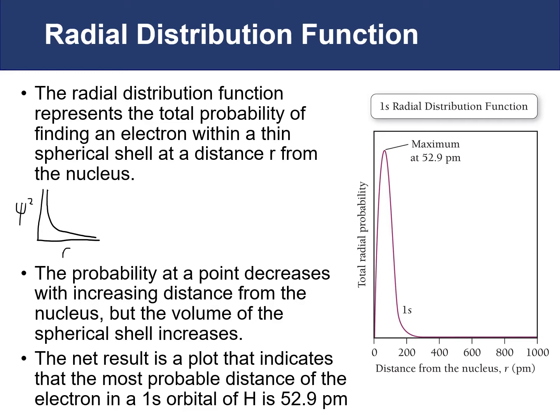If we're interested in determining the probability of finding an electron at a particular distance from the nucleus, what we need to do is take into account not just the probability along a line, but map that line three-dimensionally. Typically, when we're talking about probabilities, we need to talk about what is the probability of finding an electron between two different locations?